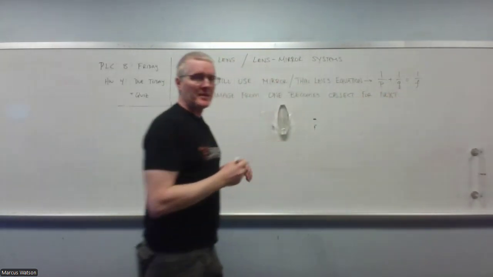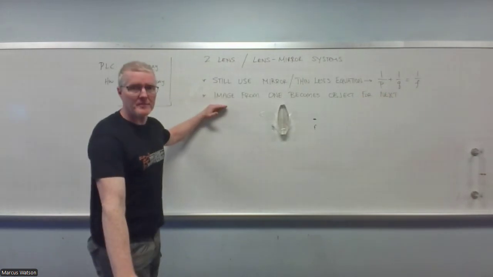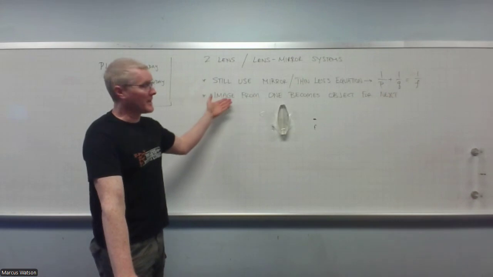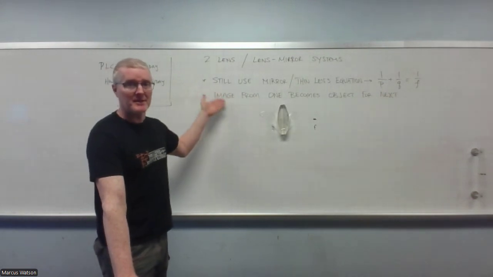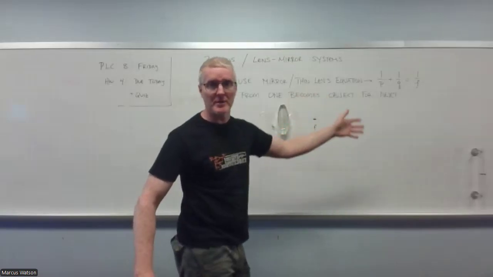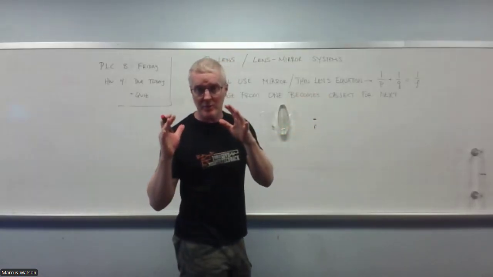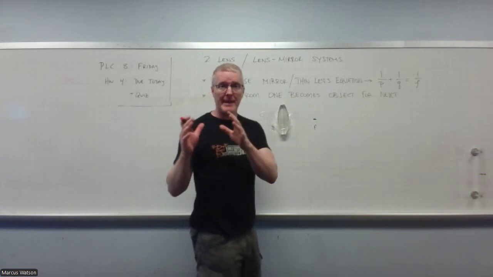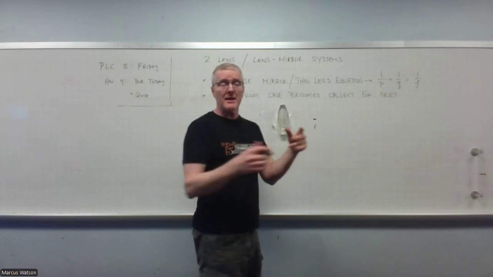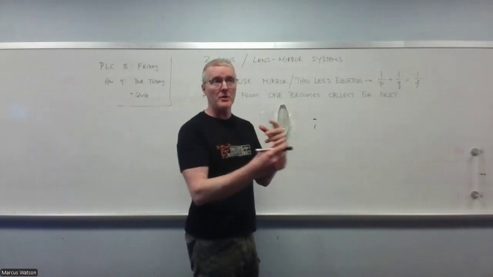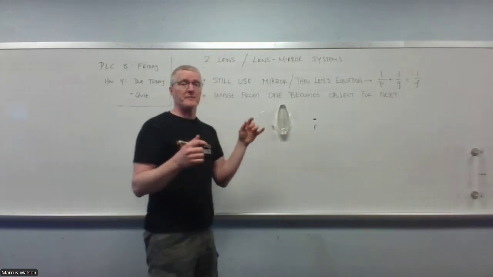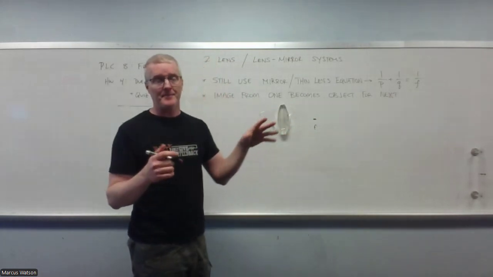The image from one of them becomes the object for the next, whatever it is. If it's a mirror making the image or a lens making the image, that image then becomes the object for the next lens or mirror in line that we need to analyze. And so we just end up chasing the light and the images from one to the next to the next, ending up ultimately with a final overall image as a result of looking at the very last thing in line.